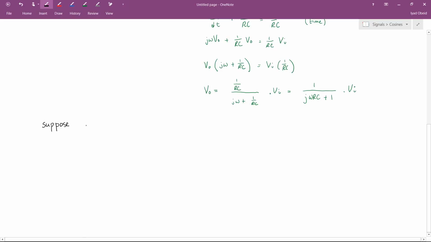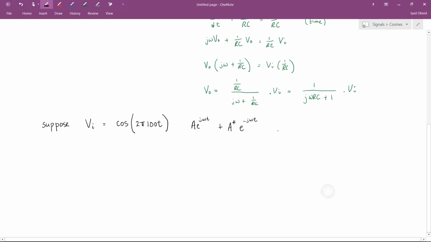So let's suppose that our input voltage is a cosine at, let's say, 100 hertz. So V in equals cosine of 2 pi times 100 hertz t. And if I express that in my complex notation, it's going to be A e to the j omega t plus A conjugate e to the minus j omega t.